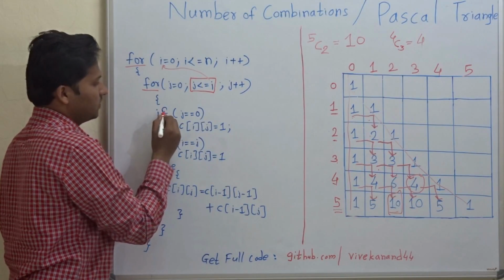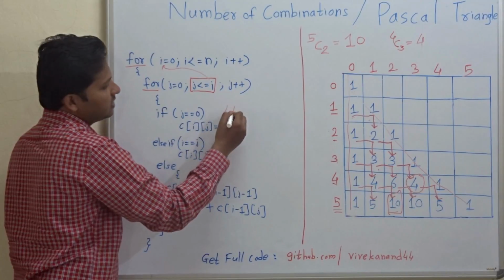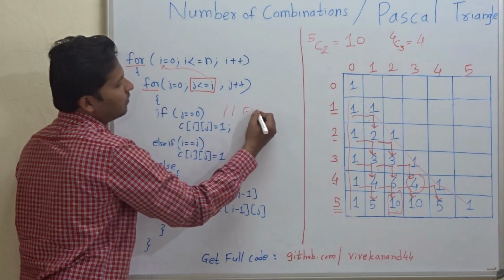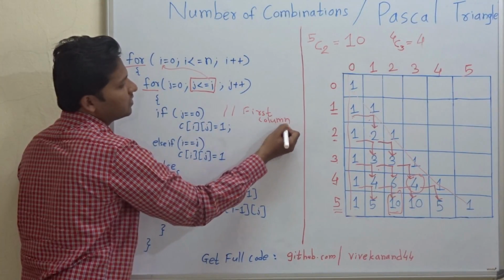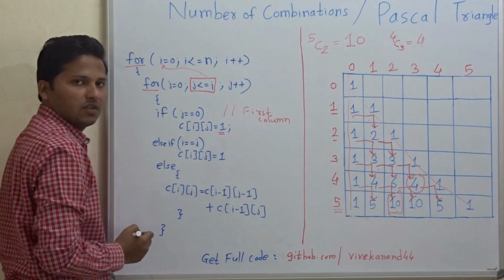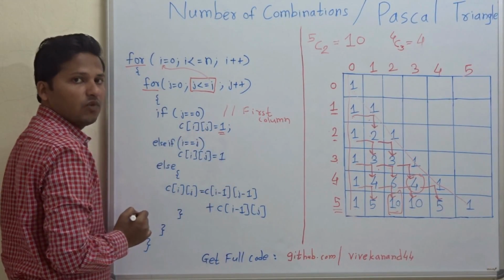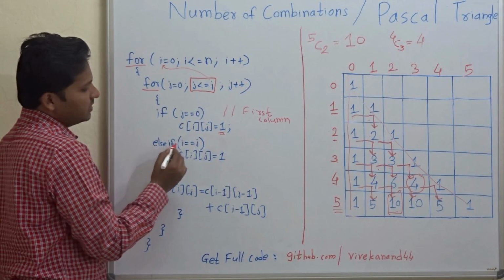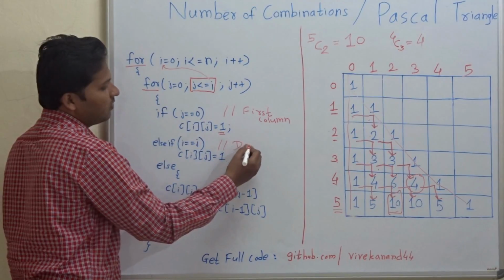Now let's go ahead. This condition, if j equal to 0, this condition is for the first column. As you know, all the first column elements are equal to 1. So for the first column, C of ij equal to 1. Then else if i equal to j, this is for diagonal.